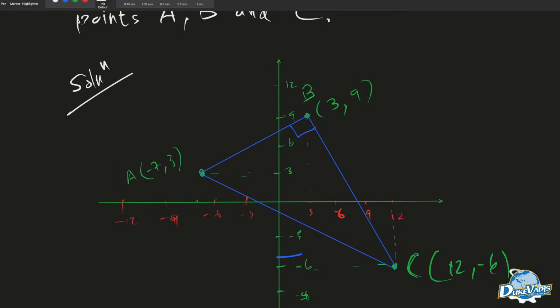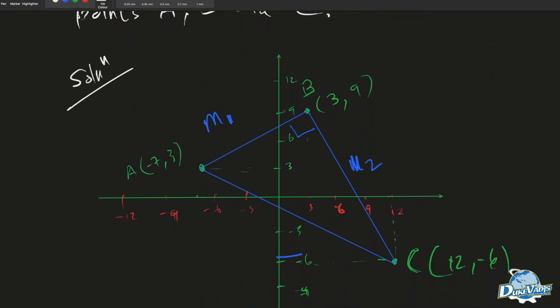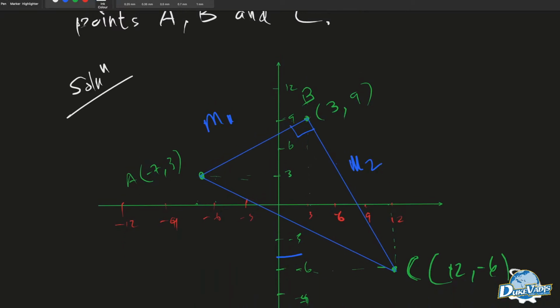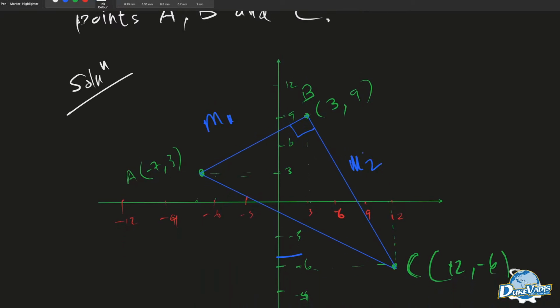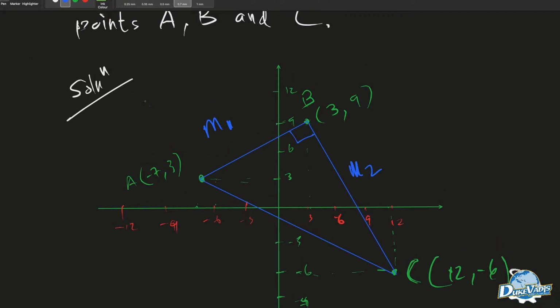So what it also means is, if we take the gradient of AB to be M1 and the gradient of BC to be M2, then when we multiply the gradients, they should give us -1, which means 90 degrees. So that's what it means.